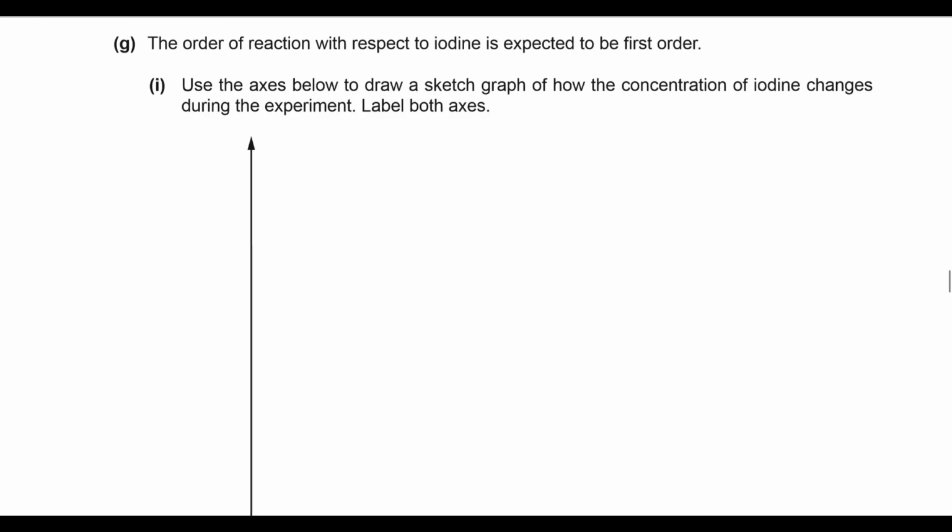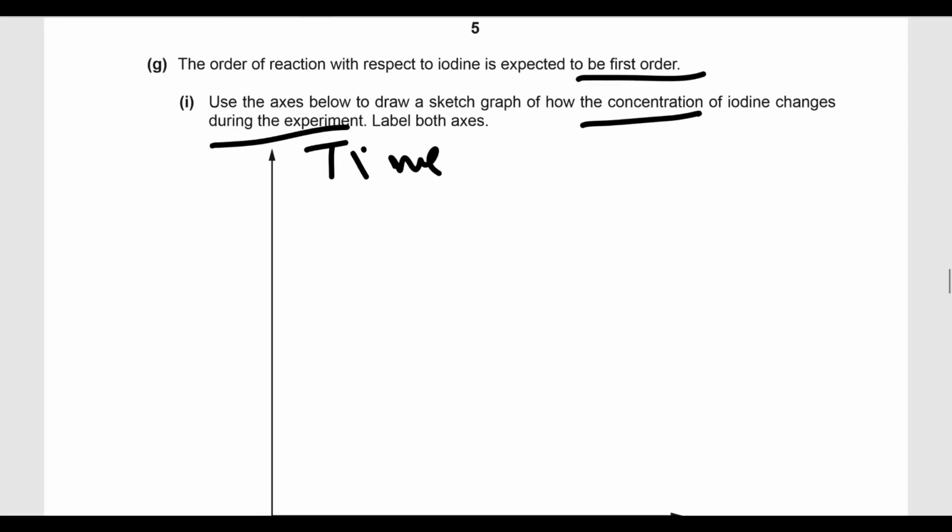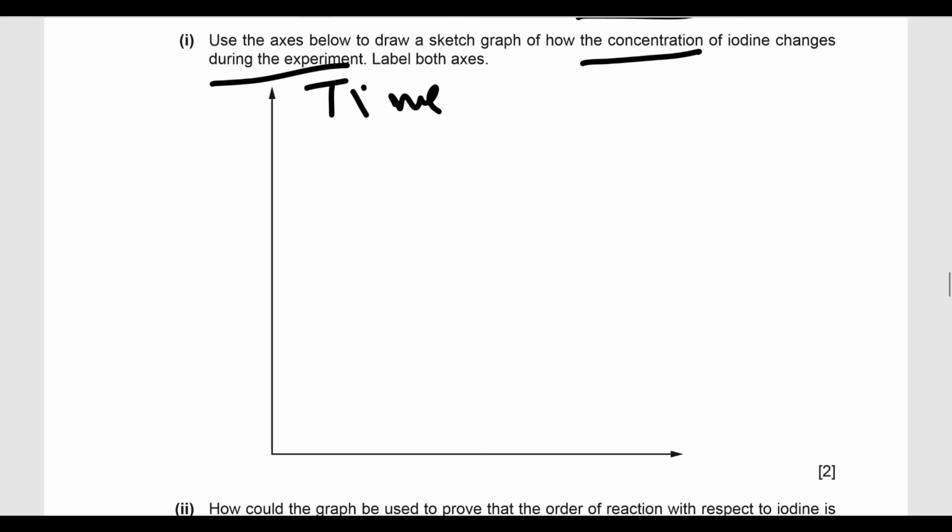Here the order of reaction with respect to iodine is expected to be first order. So use the axes below to draw a sketch graph of how the concentration of iodine changed during the experiment. Concentration during the experiment, that means versus time. So here you will have concentration of what?